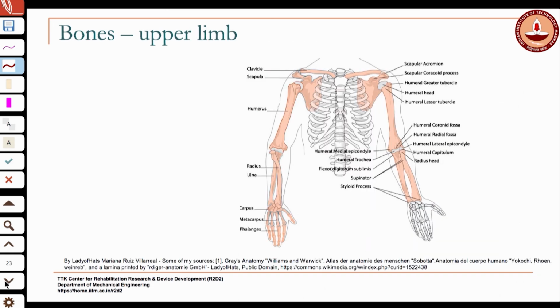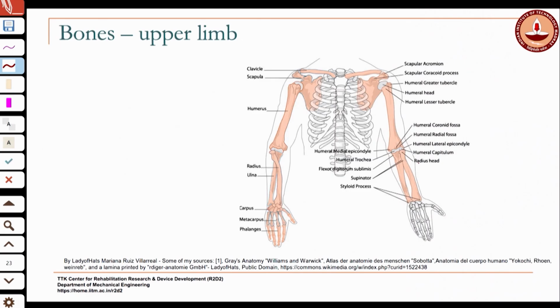Then you have the other bones of the upper limb. I am repeating these here so that you get very familiar with these bone names as we go along. So, you have the long bone, which is the humerus, which is the upper arm. Then you have the radius and the ulna. The radius is the bone that is on the side of your thumb. That is the radius.